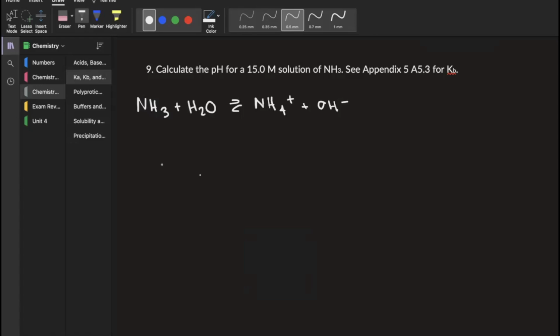Next we're going to write our expression, which is going to be NH4 plus times OH negative over NH3.